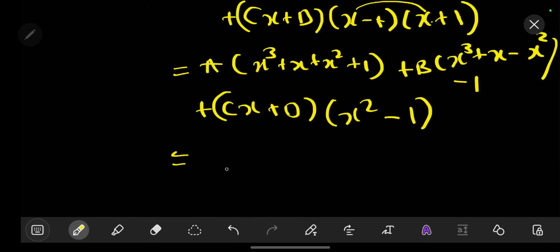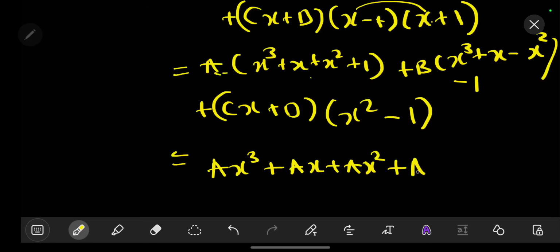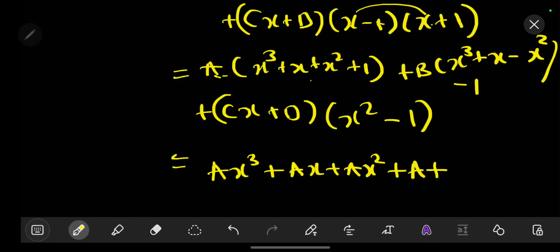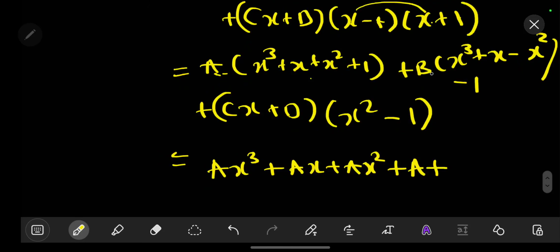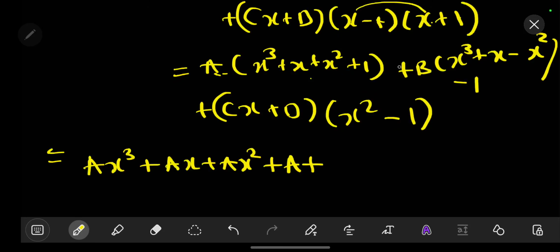So expanding this one, we are going to get ax to the power of 3 plus this times this, it's ax. Then this times this, we are going to get plus our ax squared. Then a times that, we are going to have our a, plus we are going to have our b times this, b times x to the power that, we are going to get our bx to the power of 3.